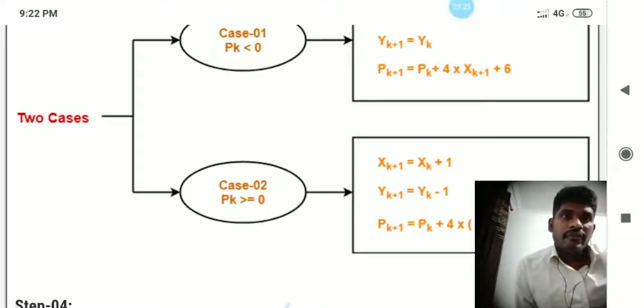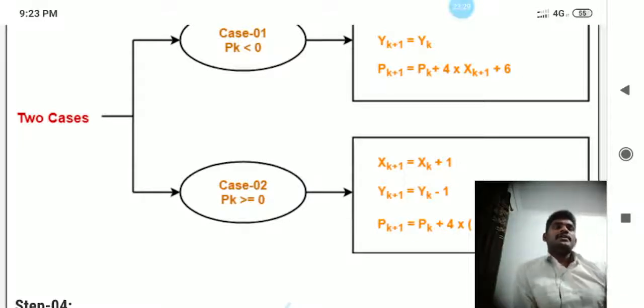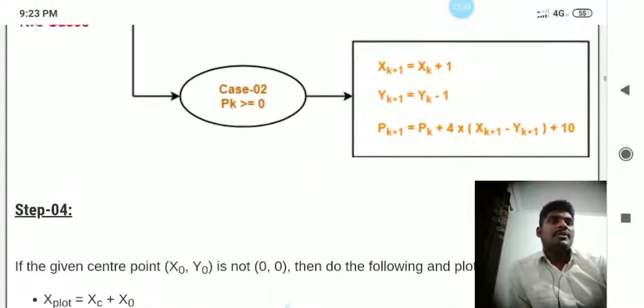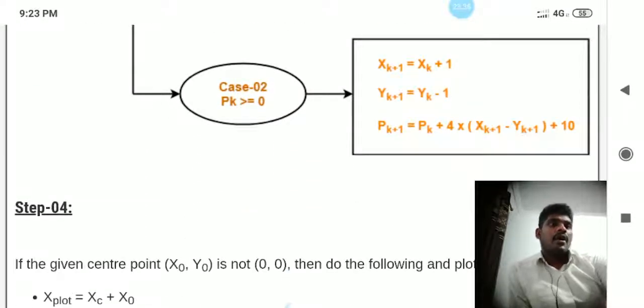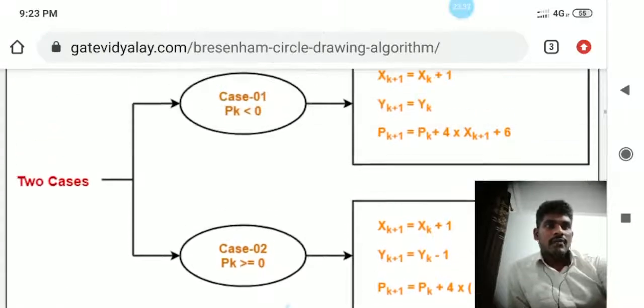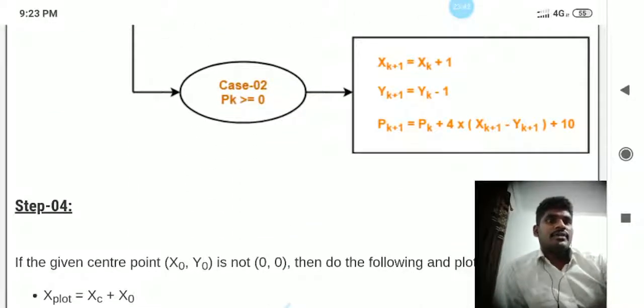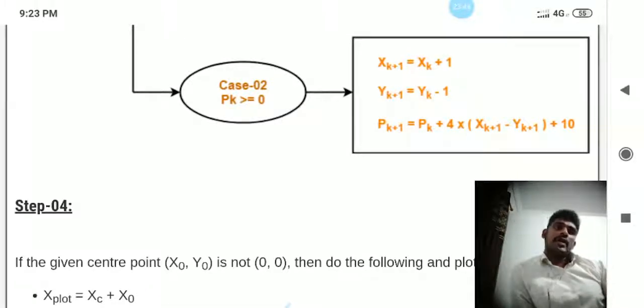When the decision parameter value is less than or equal to 0, we follow this equation. If the decision parameter value is greater than or equal to 0, then we follow the other equation: xk plus 1 equals xk plus 1, yk plus 1 is equal to yk minus 1. Simple. X value increases and y value decreases.